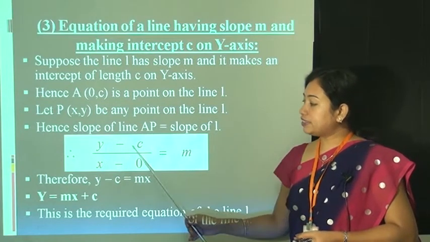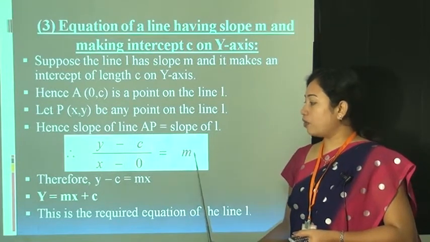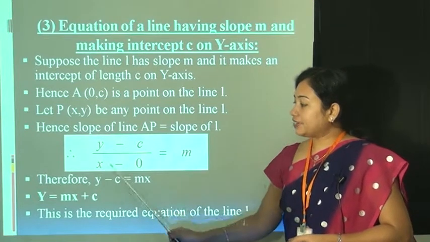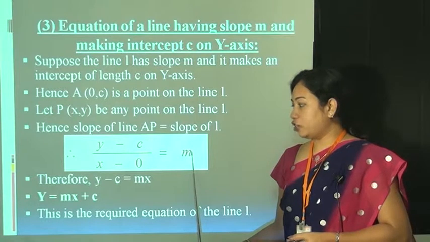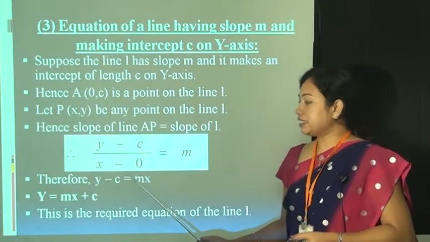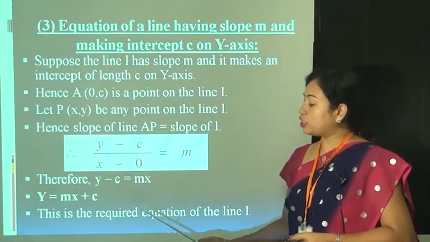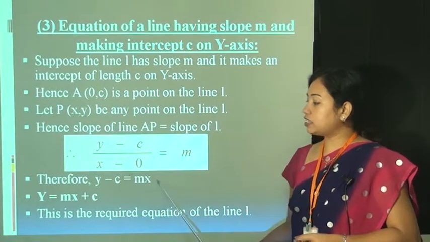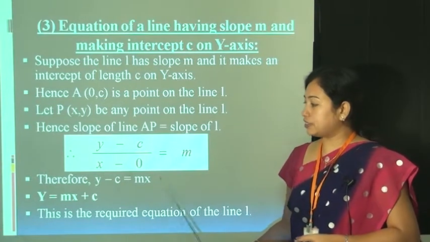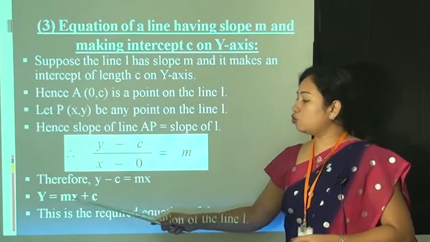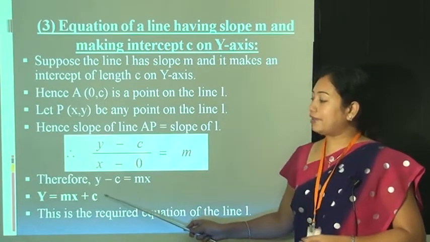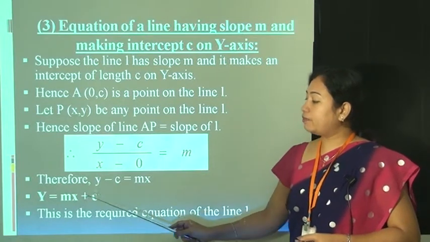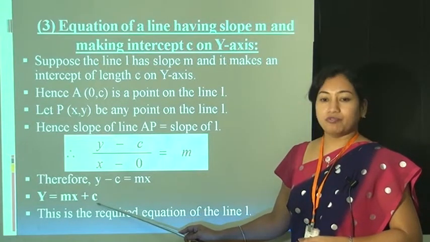So y minus c upon x is equal to m. Now if we take this x to the other side of the equality, it becomes multiplication. So y minus c is equal to m into x, and this minus c, going to the other side, becomes plus c. Therefore y is equal to mx plus c. So this is the required equation of a line having slope m and making intercept c on the y-axis.